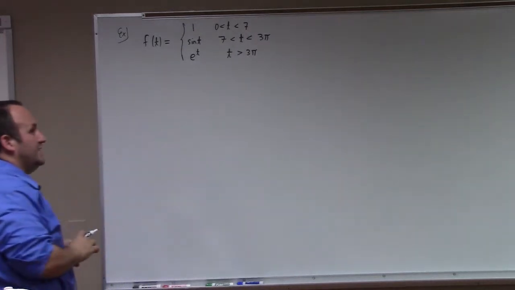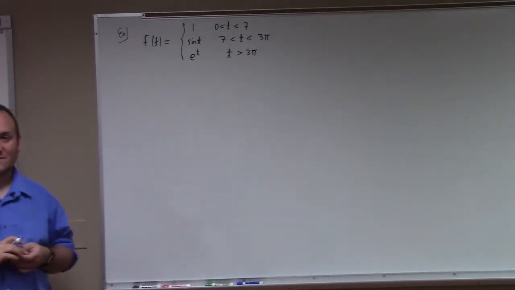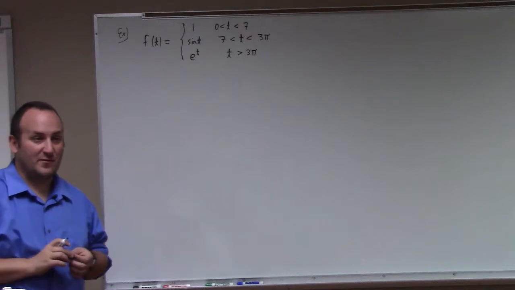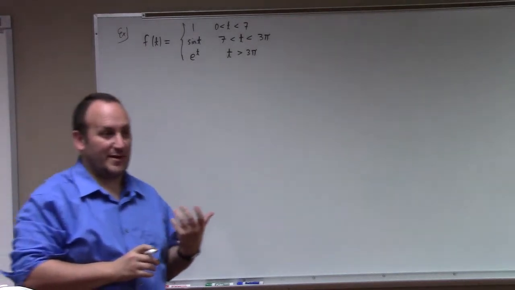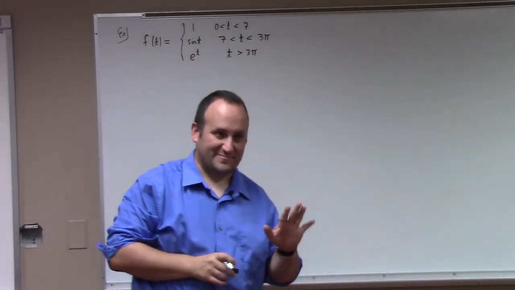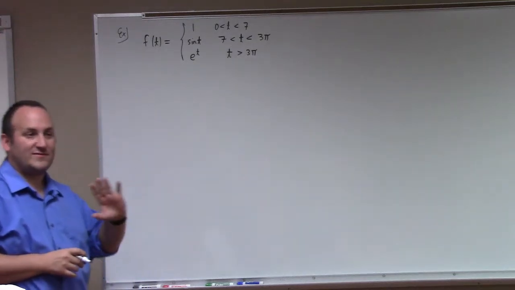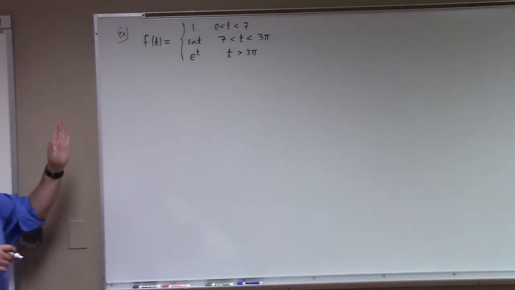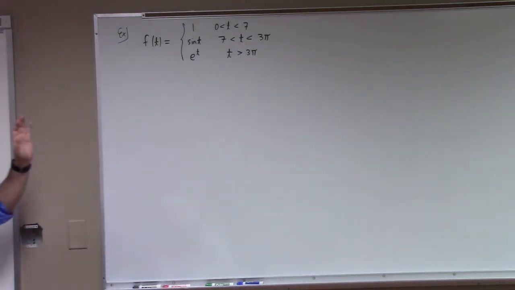And let's agree to not care about which case it falls into at the gluing points, because that's not something I want you to worry about. If you'll allow me to be sloppy, I'm not going to even say what happens at 7 and 3 pi.